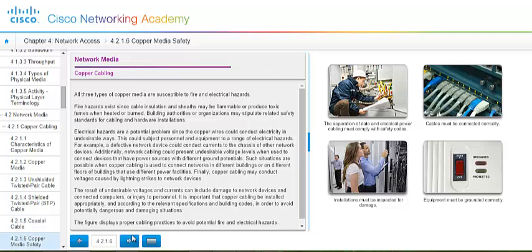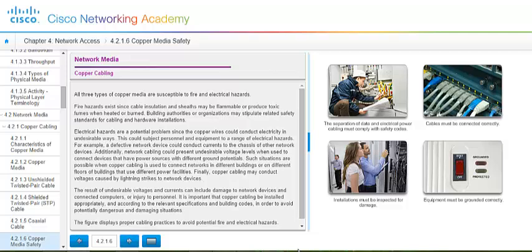All 3 types of copper media are susceptible to fire and electrical hazards. Fire hazards exist since cable insulations and sheaths may be flammable or produce toxic fumes when heated or burned. Building authorities or organizations may stipulate related safety standards for cabling and hardware insulation.